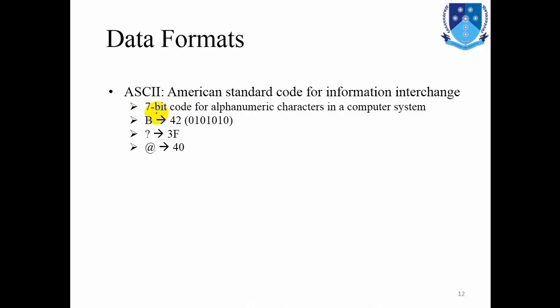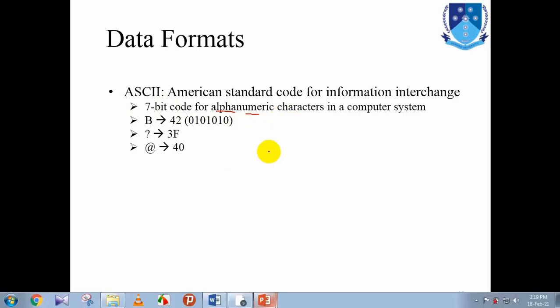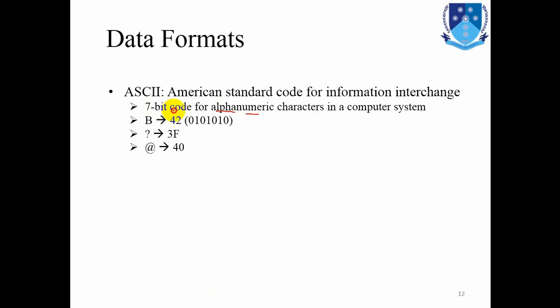Here, each alphanumeric character, meaning any alphabet or any number or any other character which we use in our daily routine, can be represented by a 7-bit code. 7-bit means 7 binary bits.